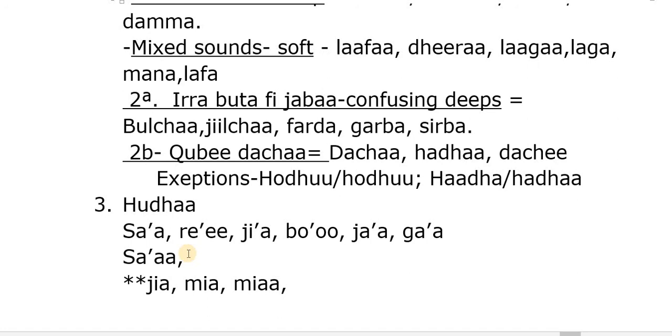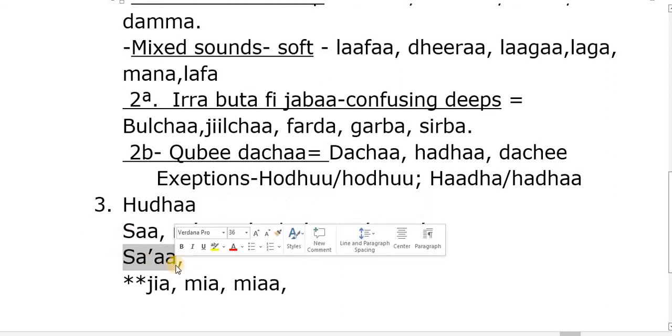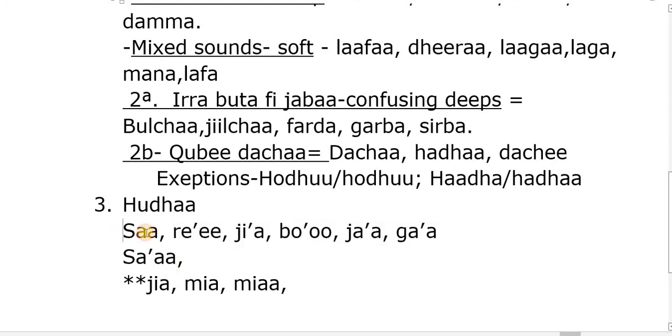When these are heard, we have to indicate they are there. If we don't have apostrophe or any indication there, this word can't be read like sa'a, because this is not sa'a.